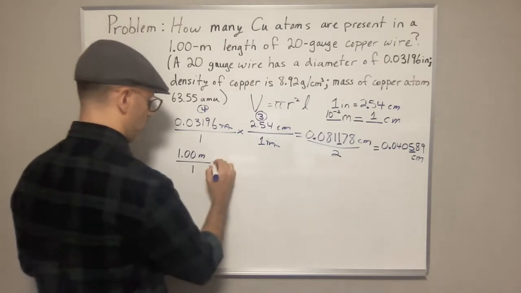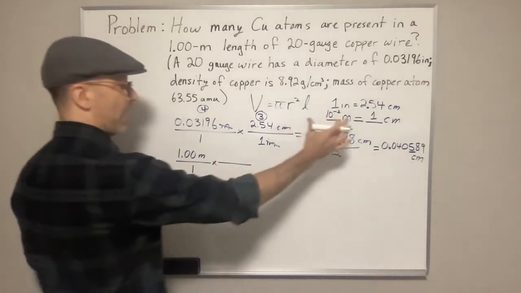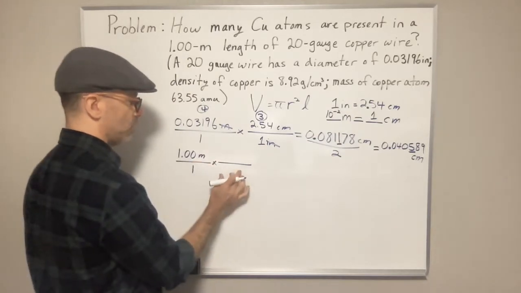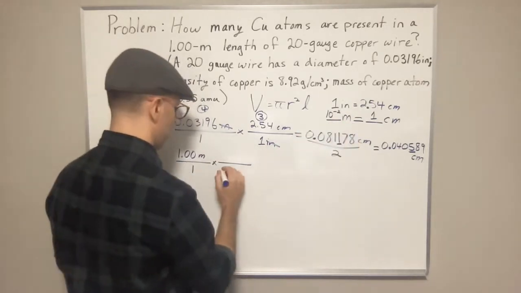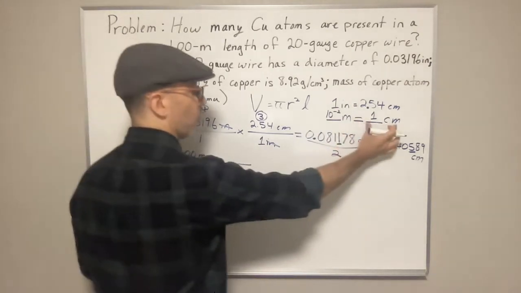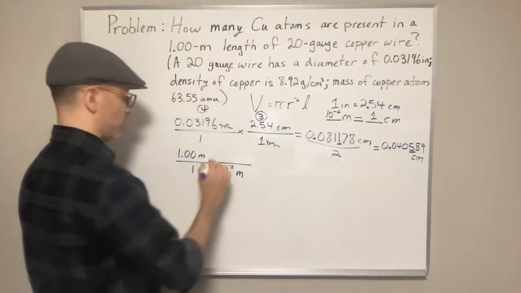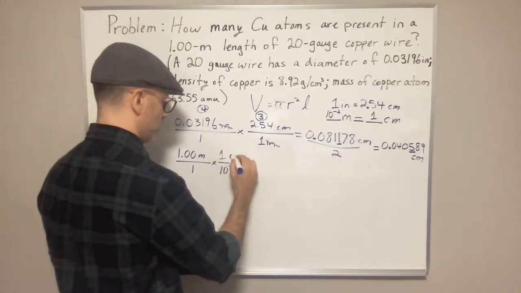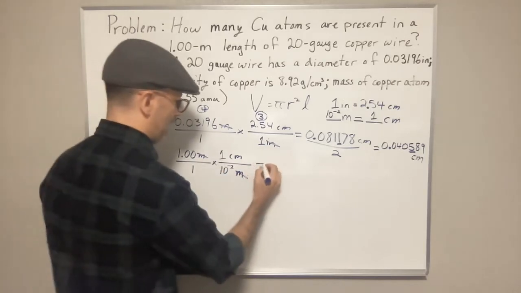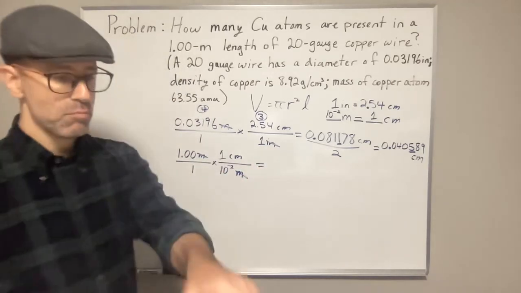I'm going to put that over 1. And I'm going to use my conversion factor. So meters is on the top, so I want meters on the bottom. So I'm going to put 10 to the negative 2 meters. And then 1 centimeter goes on top. So meters cancels out.